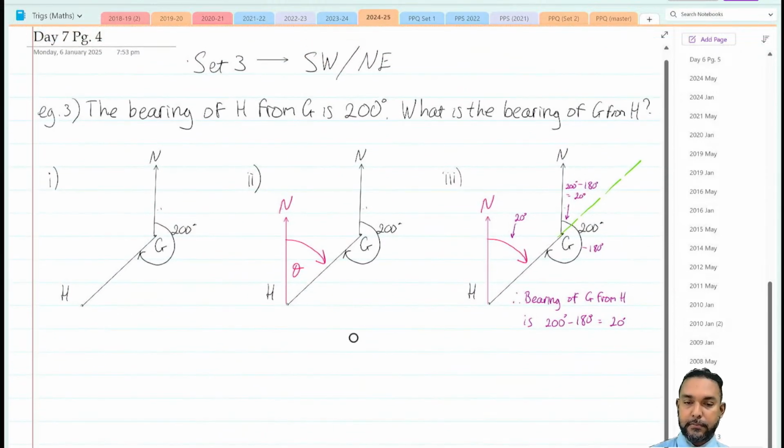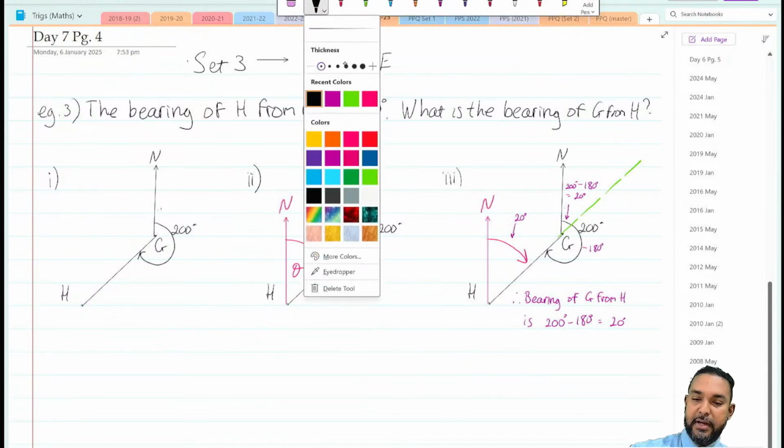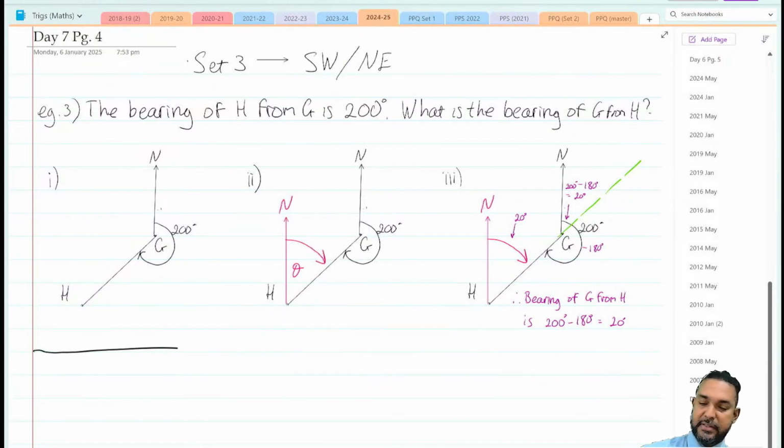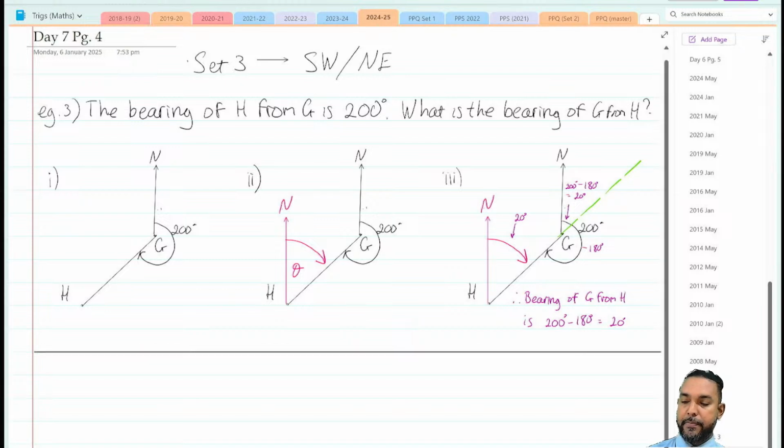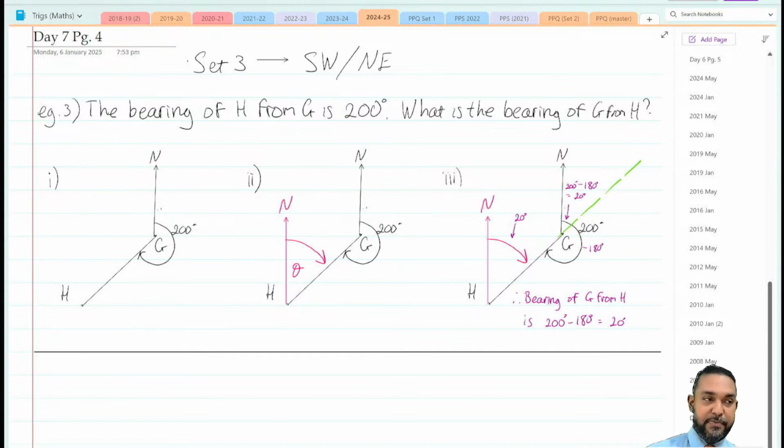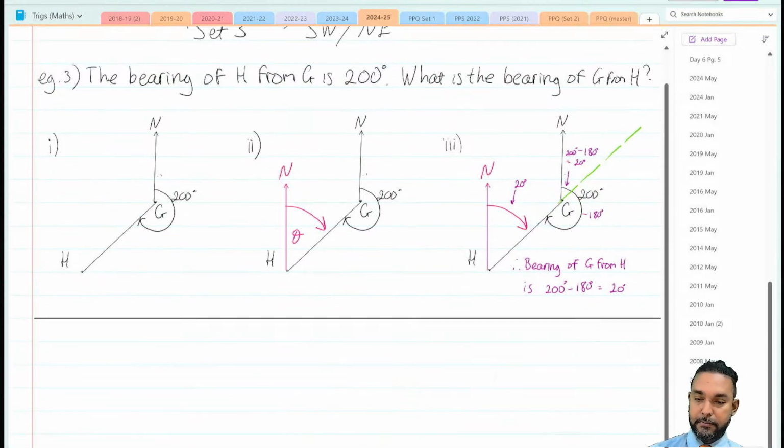So I'm just going to put a little separator line, and I'll start writing out your questions for you to try. Remember, in this case now, we went west first, and now we're heading back east.